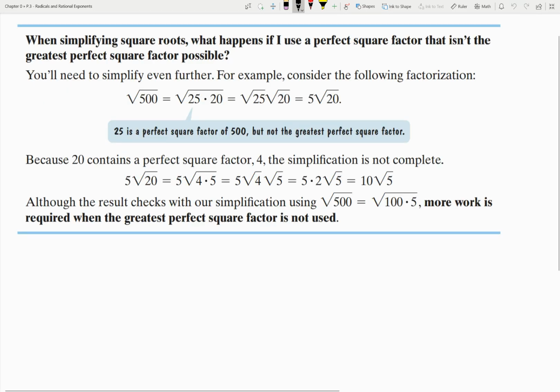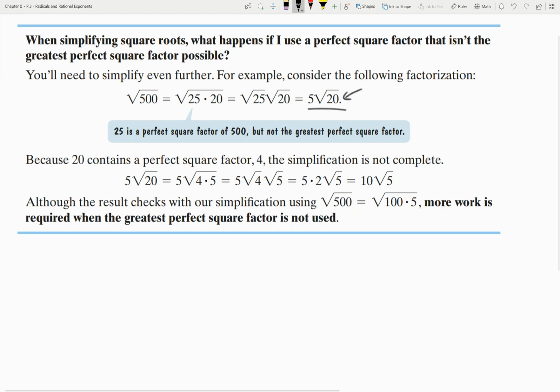When simplifying square roots, what happens if I use a perfect square factor that isn't the greatest perfect square factor? Well, that's a great question. The answer is you just made the question a little bit harder for you. So for instance, take a look at the two examples. What we did for the square root of 500 was 100 times 5, so that's radical 10 times 5. If we didn't see that and we broke it down into 25 times 20, we'd be left with 5 radical 20.